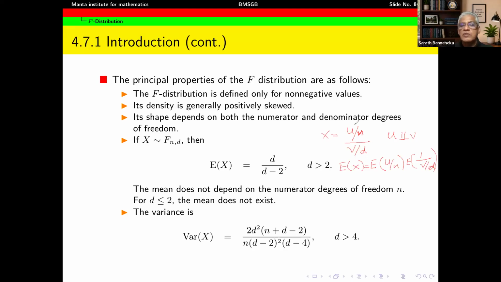But because these two quantities are independent, it can be written as the expected value of U over N times the expected value of 1 over V divided by D.